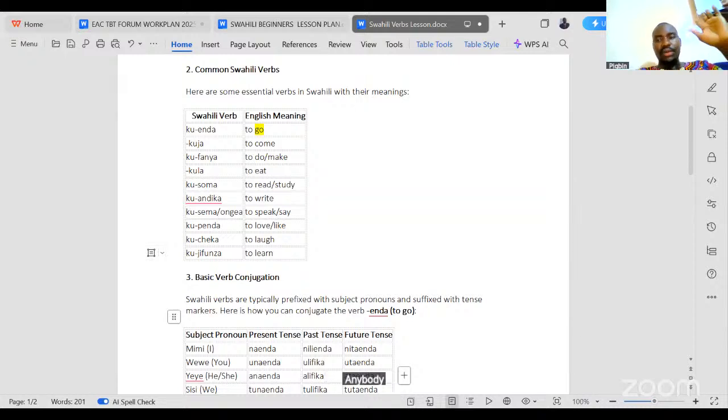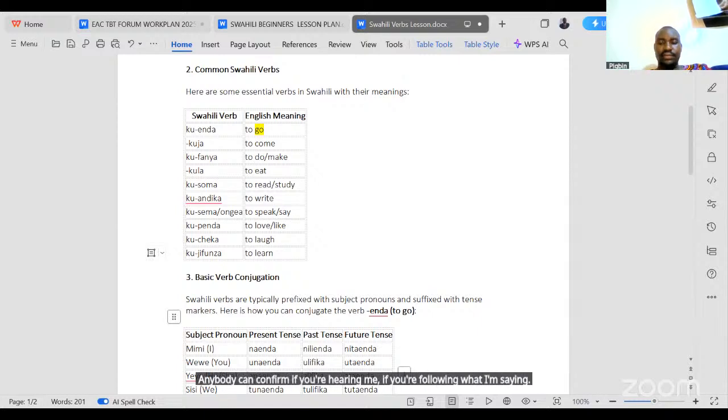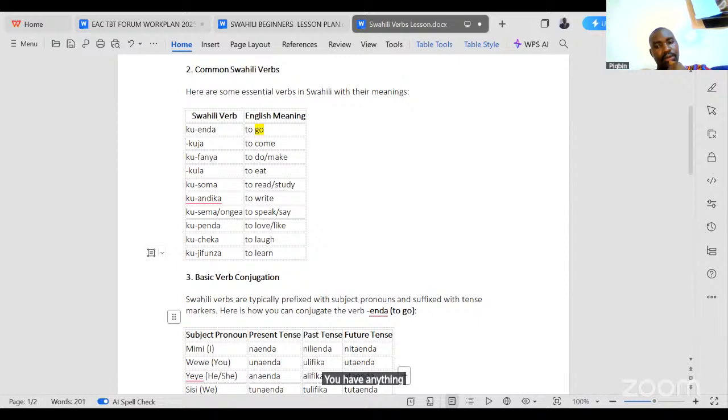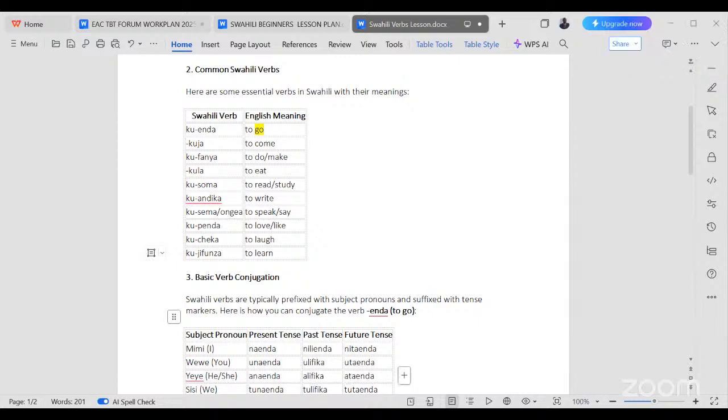Anybody can confirm if you're hearing me, if you're following what I'm saying? Yes, we are following and we are hearing very well. Abdullah, you have anything to say? Abdullah? You want to say something?